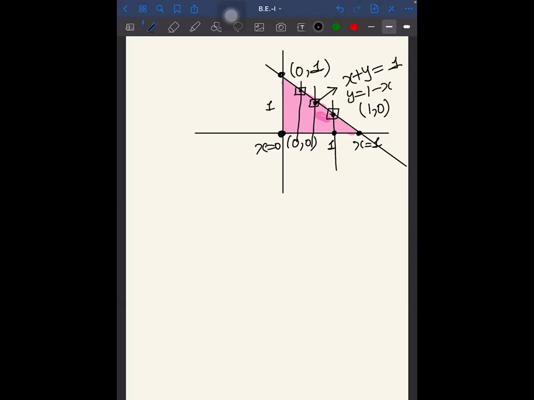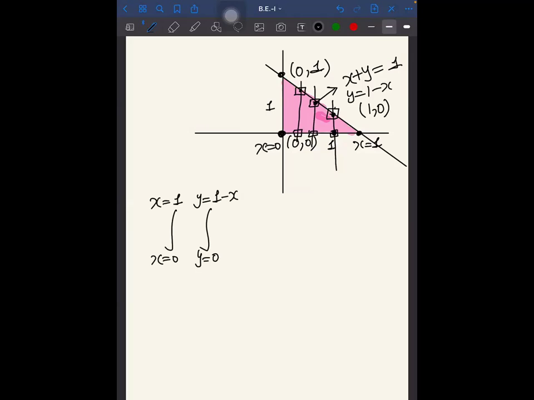So y is starting from 0 and going up to 1 minus x. The upper limit of y is not fixed; it will keep on changing. So we'll write it as x runs from 0 to 1 and y runs from 0 to 1 minus x.